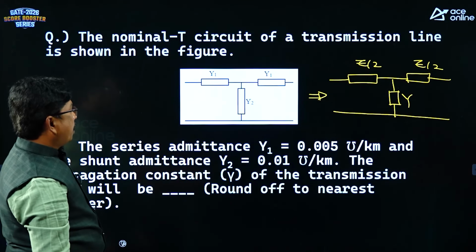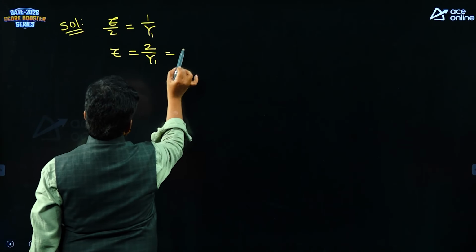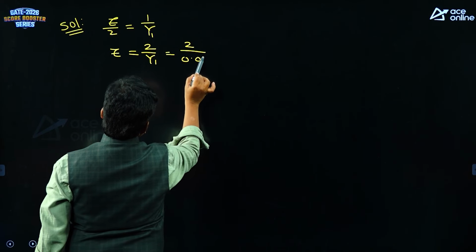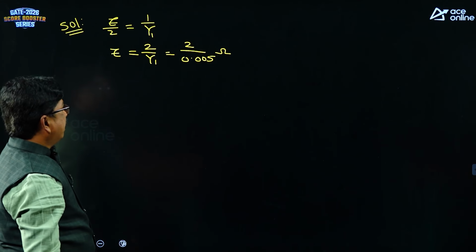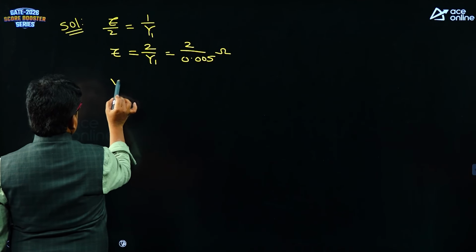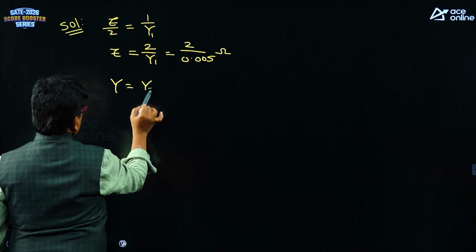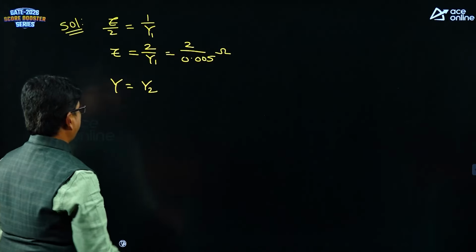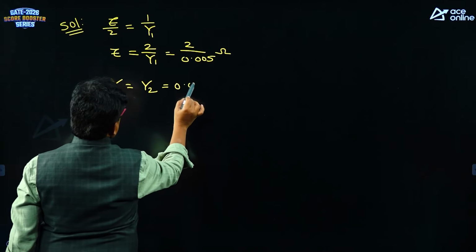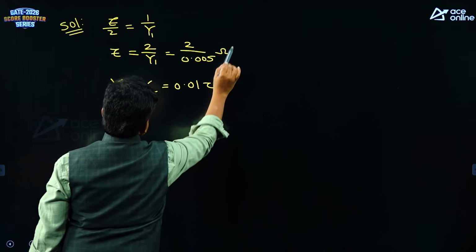Y1 is given 0.005. It is 2 by 0.005 ohms per kilometer. Got it right? And Y is given Y2 directly. It is 0.01 mho per kilometer.